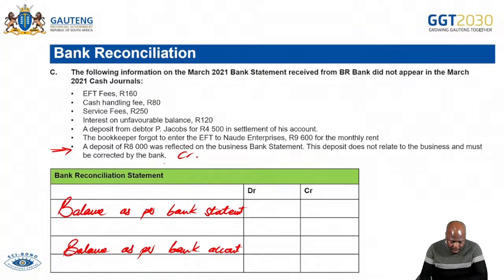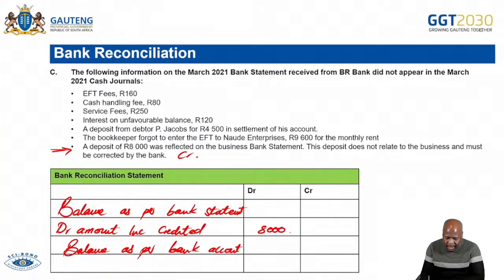So we say correction of error. They credited, so we're going to debit an amount incorrectly credited. That is my 8,000 over there.